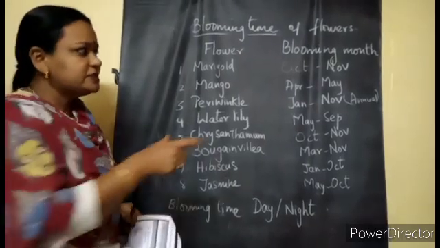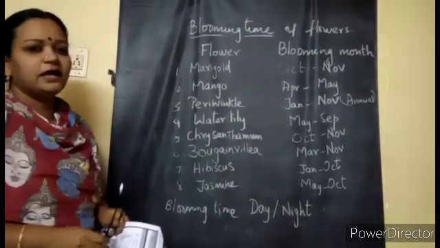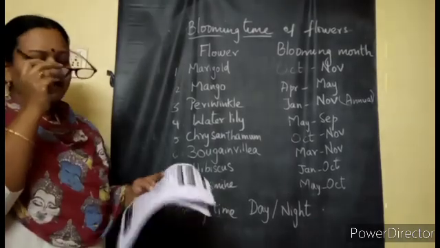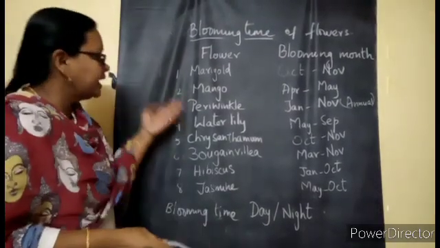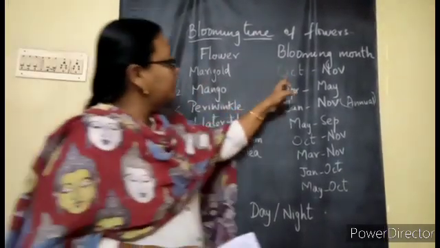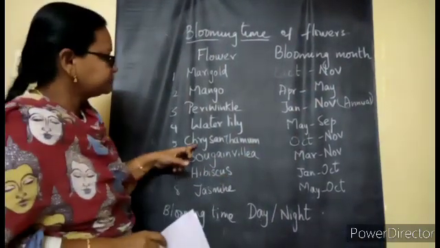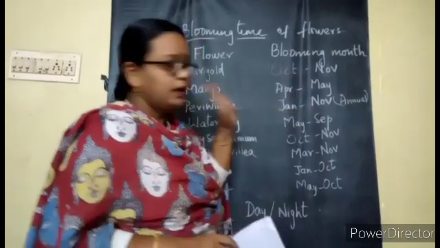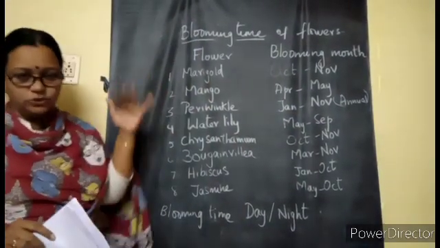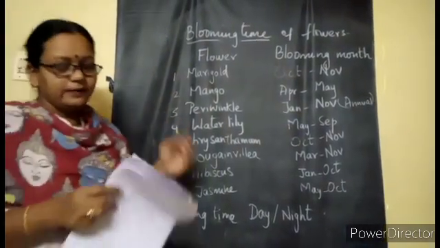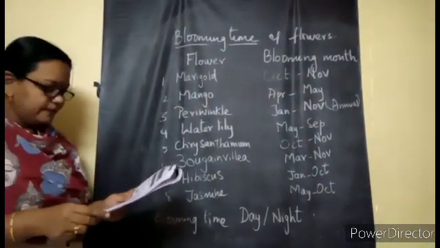In any one particular season you see which 2 flowers are only in that season. Like marigold and chrysanthemum you can see. Marigold you see only October and November. And also chrysanthemum you see October and November. They 2 are only in one season. You can see this marigold and chrysanthemum together. That is the answer for the B question.